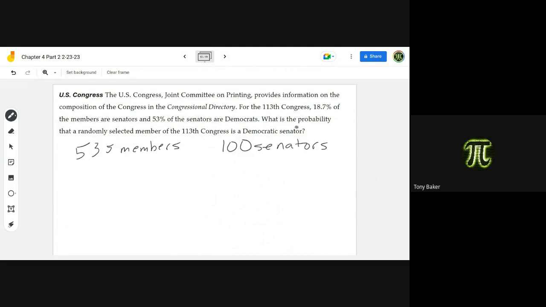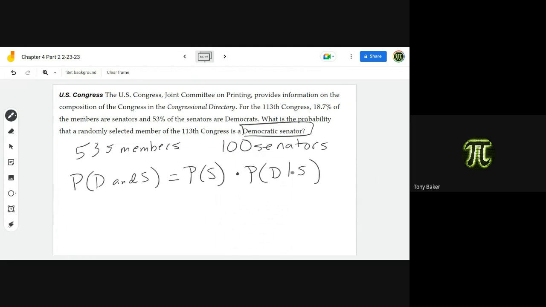So the question's asking, what's the probability that a randomly selected member is a Democratic senator? So we want the probability that it is a Democrat and a senator. We are looking at the probability that they're a senator times the probability that it is a Democrat given a senator.